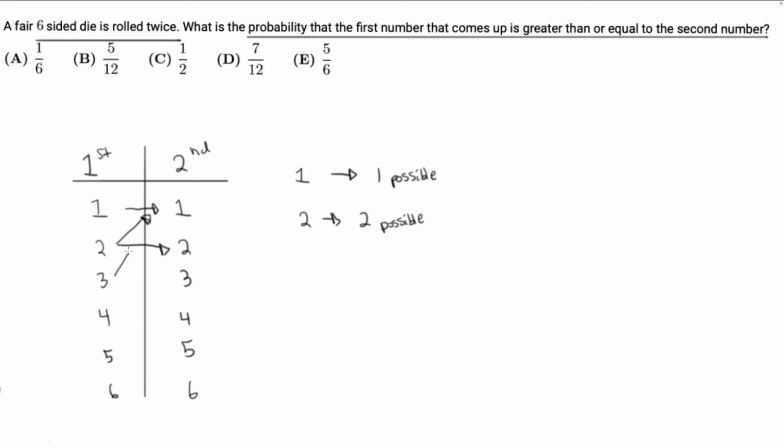The number 3 is greater than 1, greater than 2, and equal to 3, so we have 3 combinations. Number 4 is greater than 1, 2, and 3, and equal to 4, so 4 combinations.